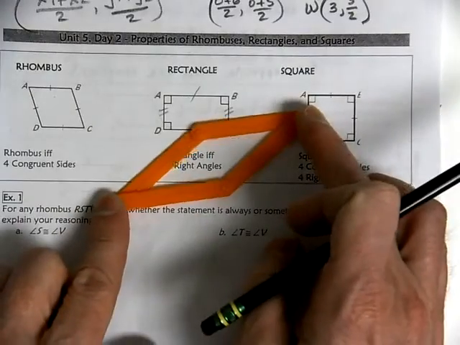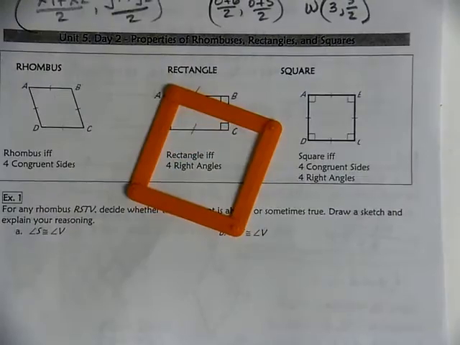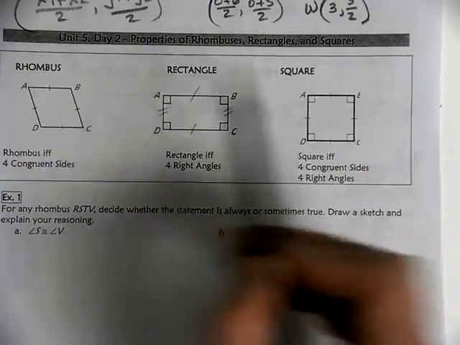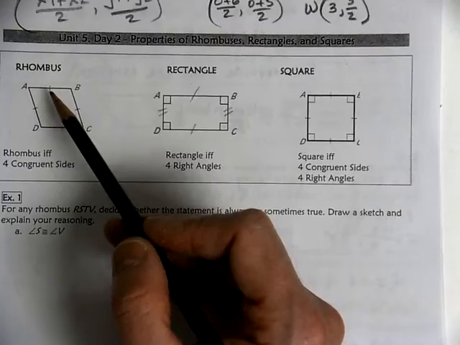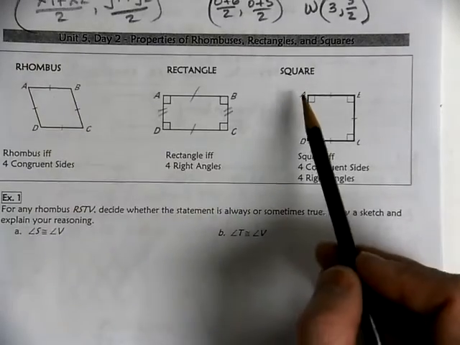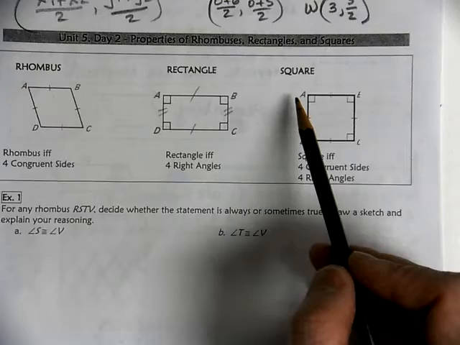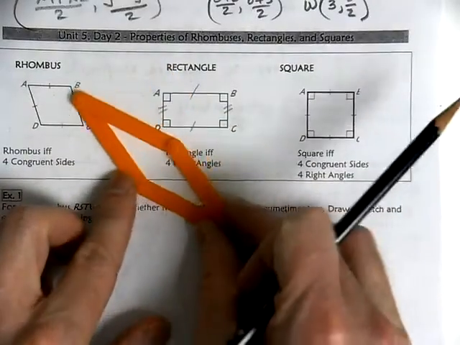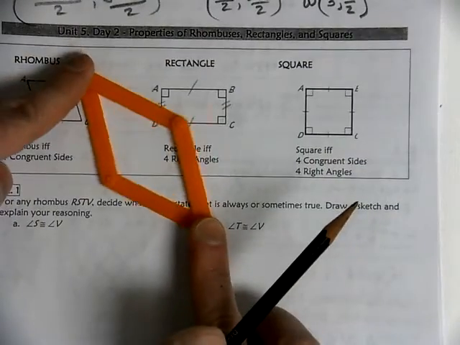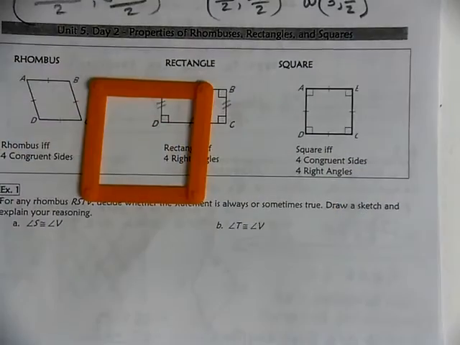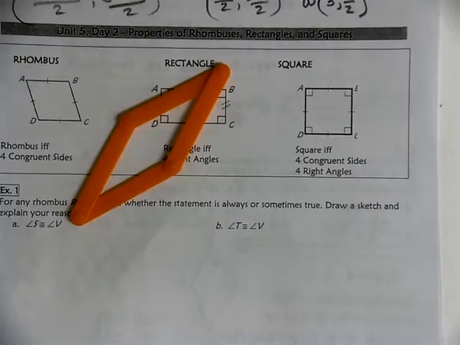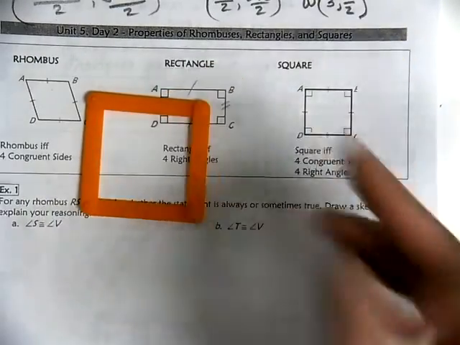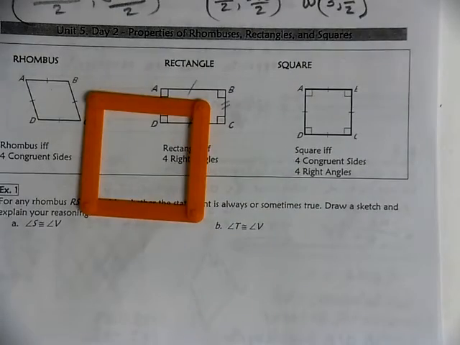So it holds all the properties of a parallelogram. So a square is always a rhombus, but a rhombus is sometimes a square. You might have your shape of a rhombus. You might have it look like a square, maybe, but you don't have to. I still have a rhombus. But this rhombus might be a square. It is sometimes a square, but not always.